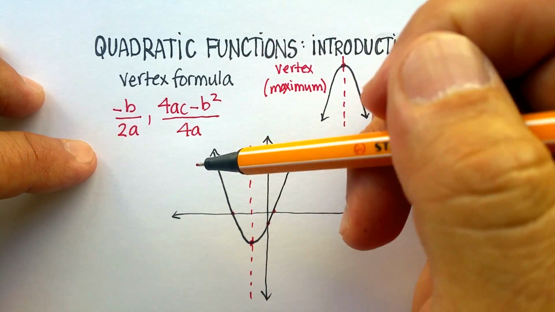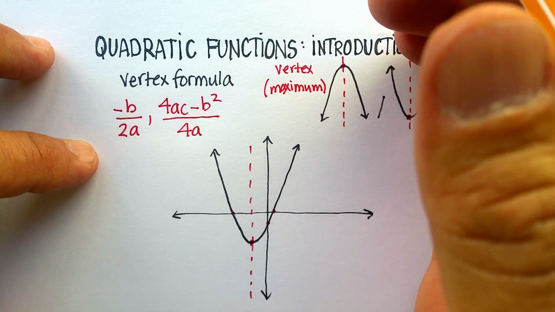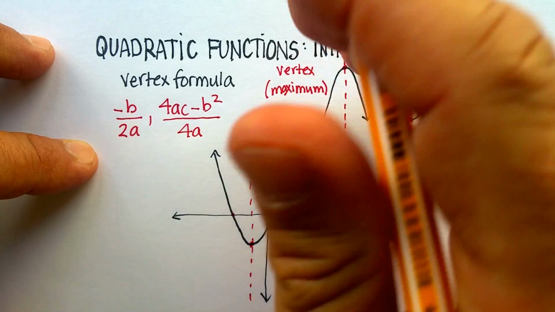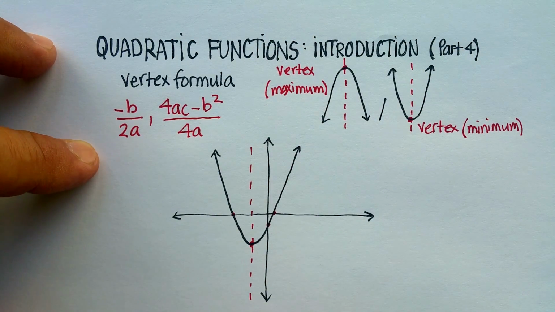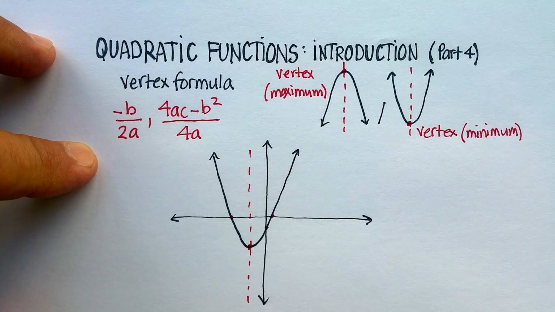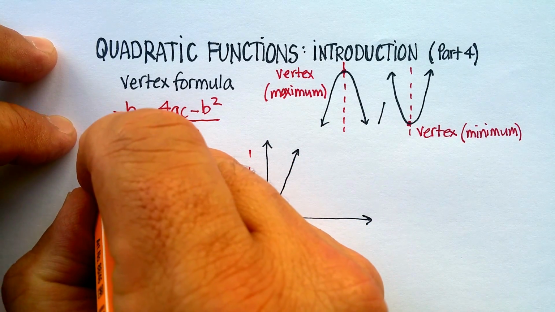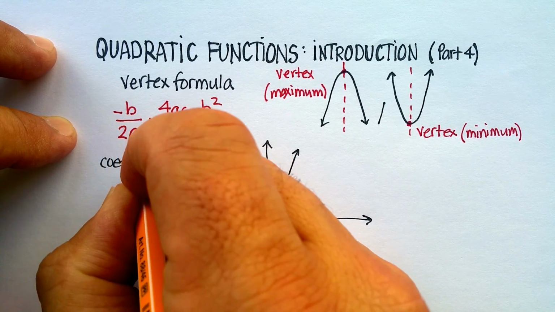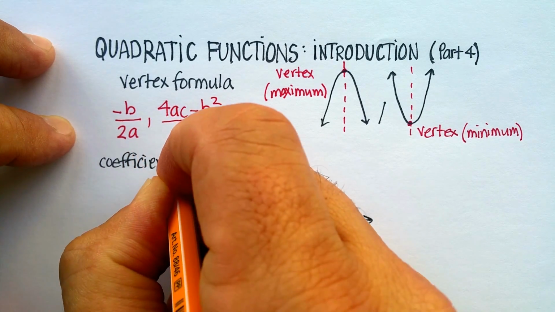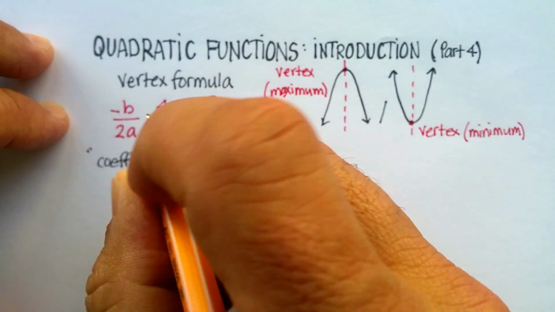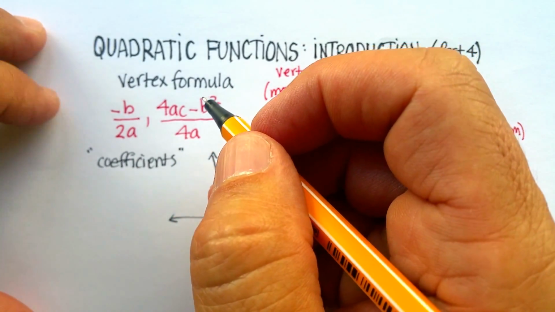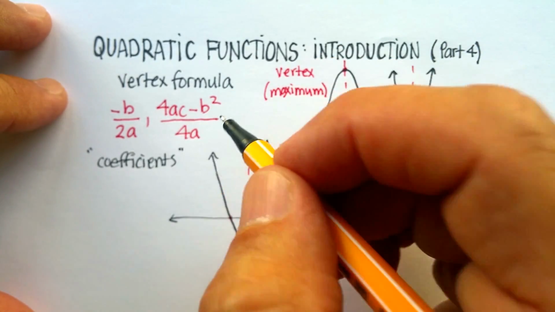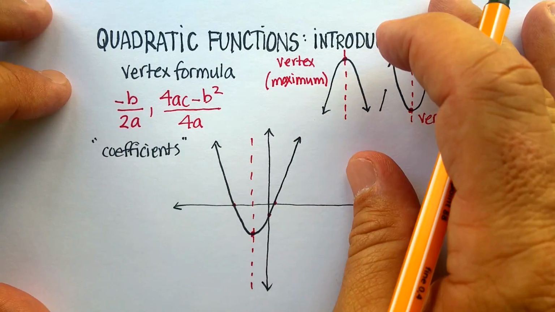Now, what are these a's, b's, and c's that we're talking about? You'll remember in a previous video, we were talking about what the coefficients of a quadratic function are. That's what these letters are. The a, the b, and the c are the numbers in front of the variables in a quadratic function.